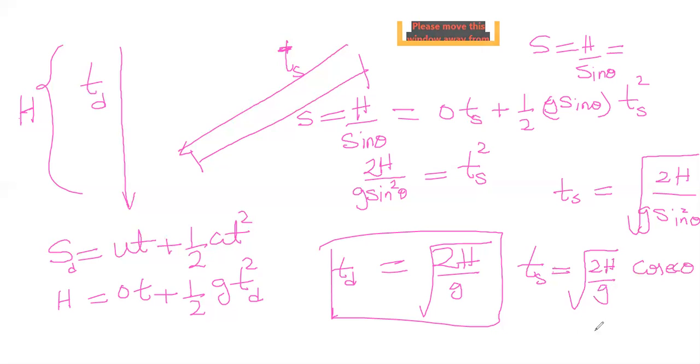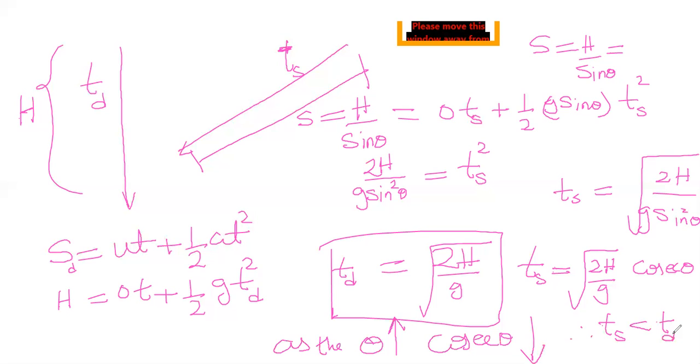As theta increases, meaning going towards the vertical, cosecant theta decreases. Therefore, T sliding is definitely less than T direct. Is it clearly understood or not?